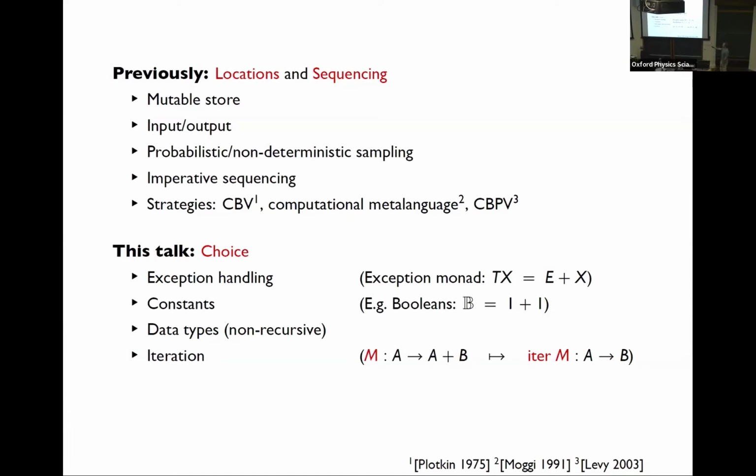Building on this basis, having these effects and this basis of imperative computation in there, the next question was, how do we deal with choice effects, or effectively things that are sums?